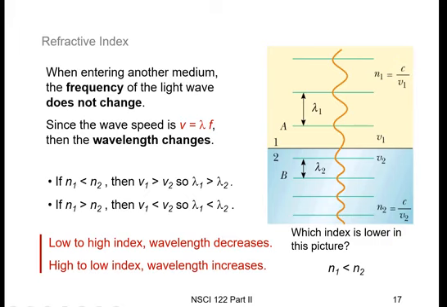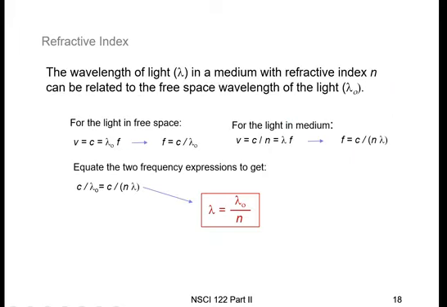Okay, good. Now, let's talk about how we can relate the wavelength in a material to the free space wavelength of the light. This is sometimes fun to do. We know that a medium, or a material, same thing, has a refractive index n.